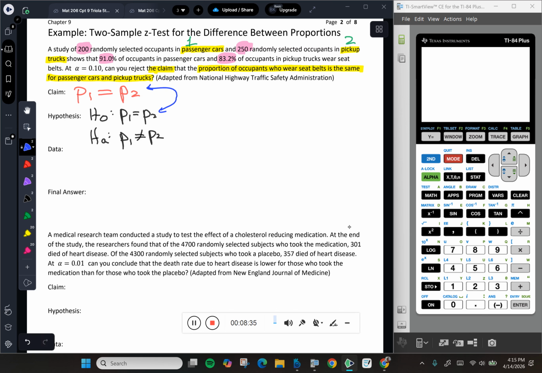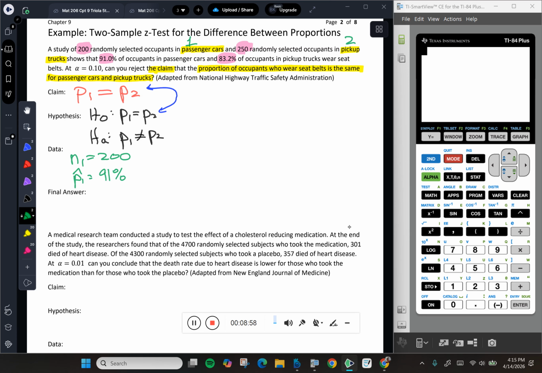So I'm going to go back to the problem and start looking for data. Right? I've got an N1. My N1 is 200, the sample size from group 1, which we call passenger cars. I've also got a P hat 1, the proportion from group 1, which is our 91%, 91.0.